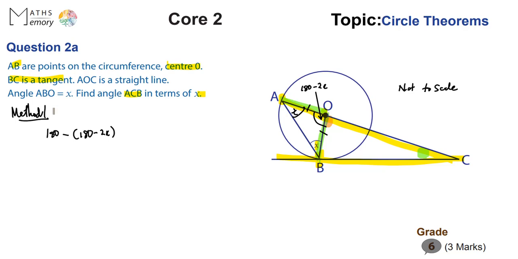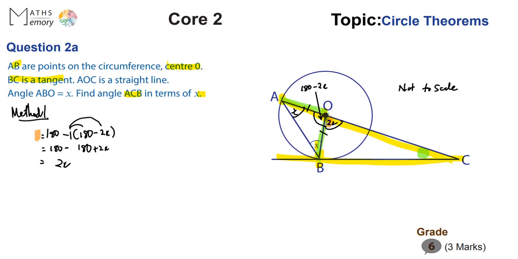This is where your algebra has to come in quite nicely. We've got 180 take away 180 minus 2x. Minus 1 times 180 is minus 180, but minus 1 times minus 2x is plus 2x. That's a major misconception with students sometimes. This simply leads to 2x, so this angle is 2x.